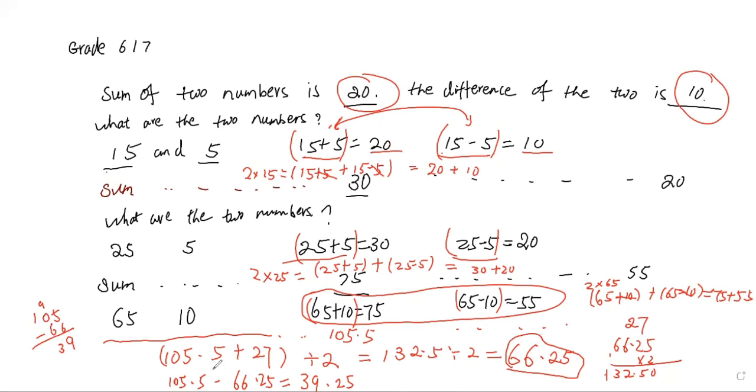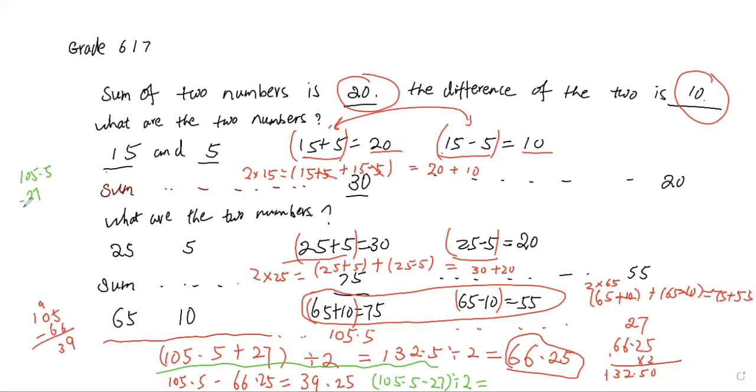Or, I'm not going to explain in detail, you actually could find the smaller number as 105.5 minus 27, divided by 2. Let's see whether that's the same number. What is 105.5 minus 27?